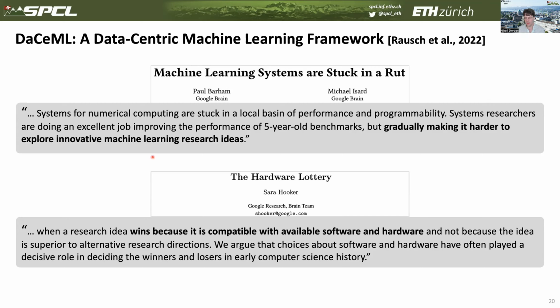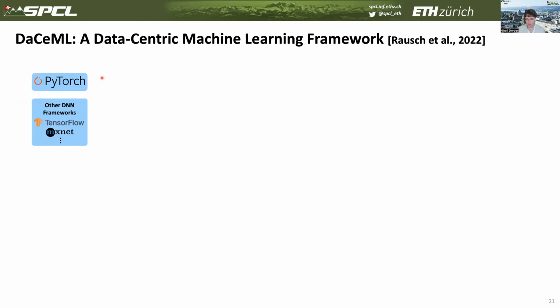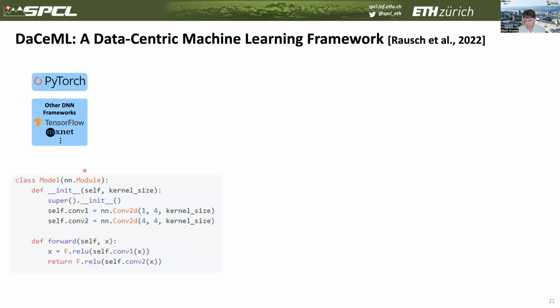So DaCeML is a framework that sits on top of other frameworks. We primarily focus on PyTorch, but this works with other frameworks like TensorFlow as well. And you essentially write your neural network just as you would, and then you simply add this DaCe module decorator, and then DaCe will take it from there. I'm just going to give a very quick overview of this.